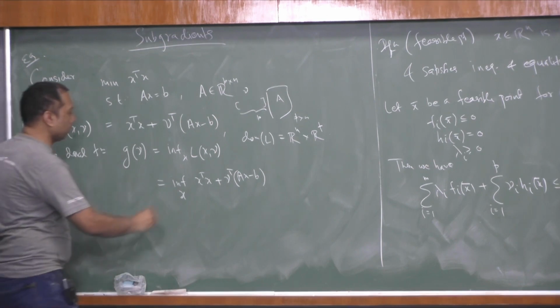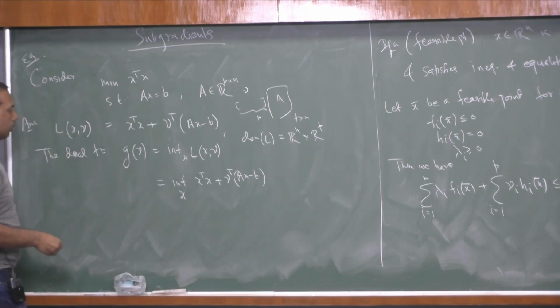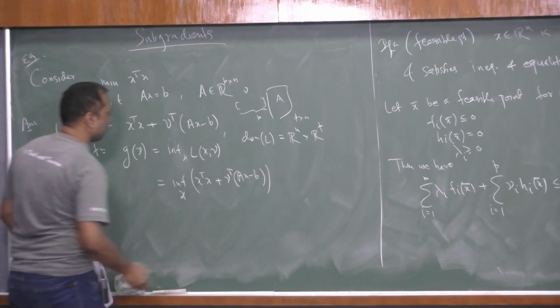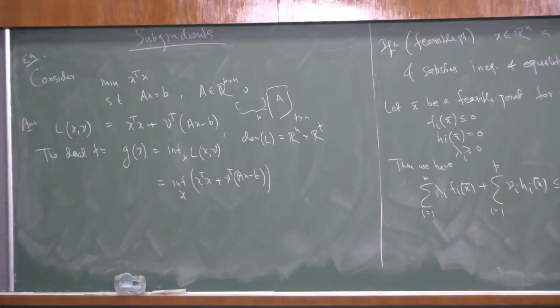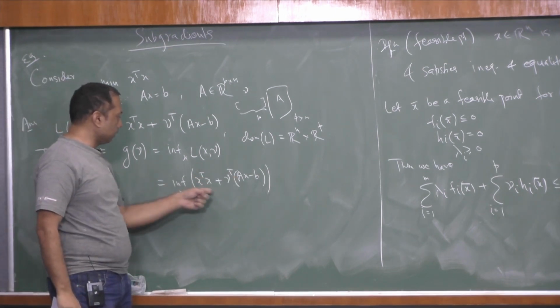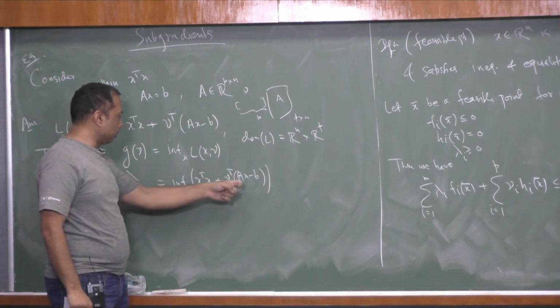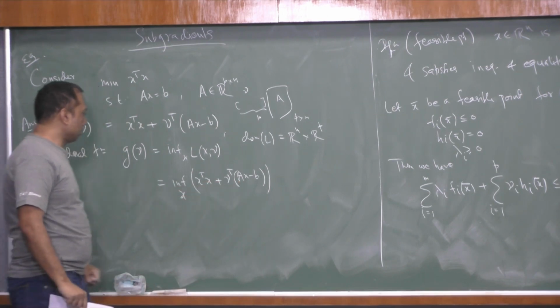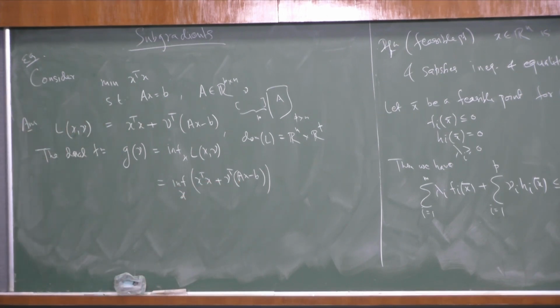Now the question is, can we solve this? We are supposed to solve this for x. Now we have to look into what type of function this is. This seems to be a quadratic function, quadratic in x.